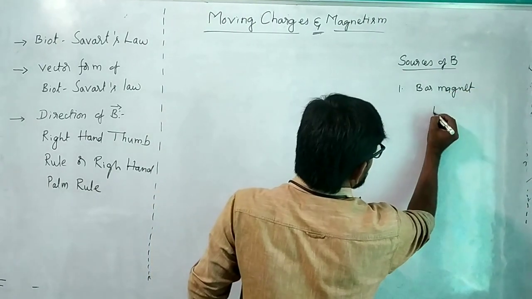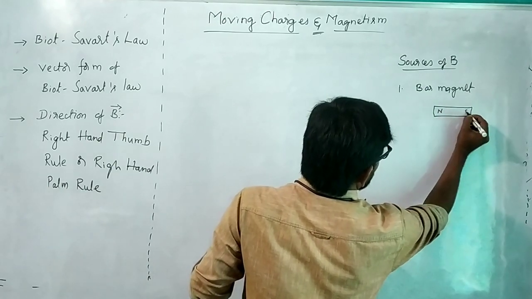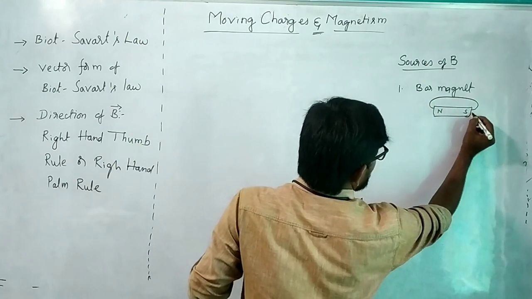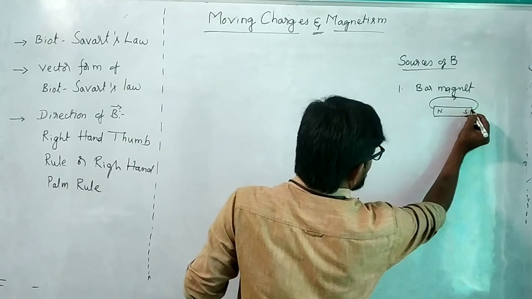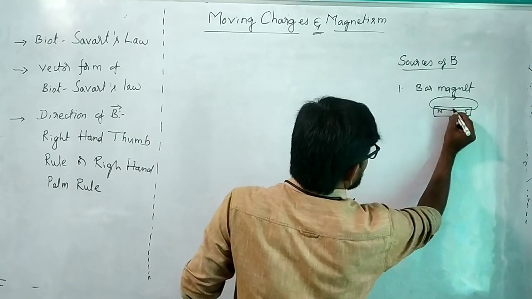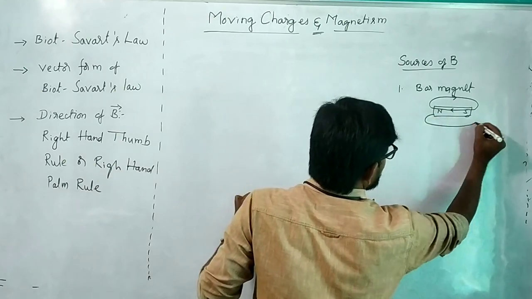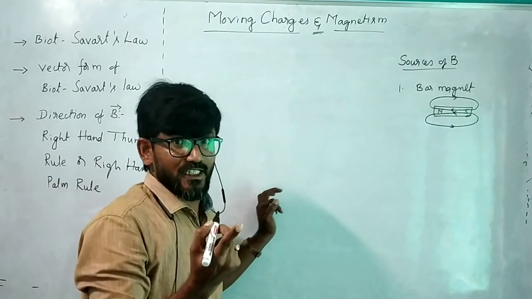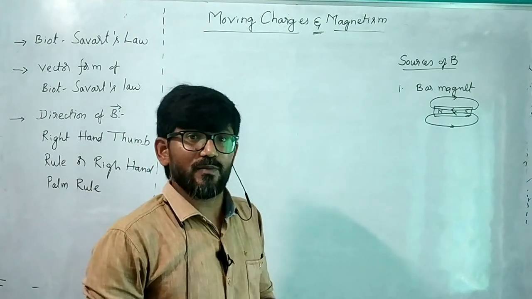A bar magnet looks like this: a bar with north and south poles. Magnetic field lines start from the north pole and end at the south pole outside, and inside they travel from south to north. So they form closed loops like this. Unlike electric field lines, magnetic field lines form closed loops.